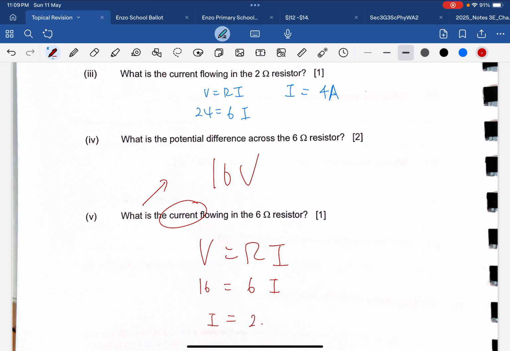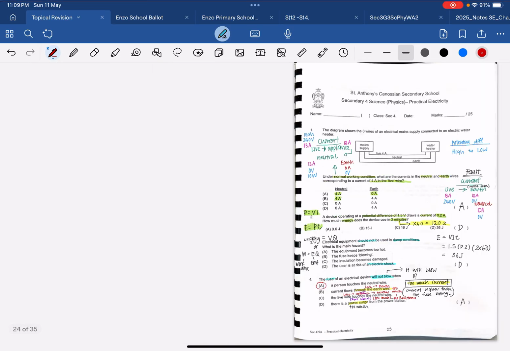It's a weird number, so I have to bring it to 3 SF. That is why if I use the ratio method, it is easier to find the potential difference rather than getting it from the resistance side. Okay, all right, that's it.